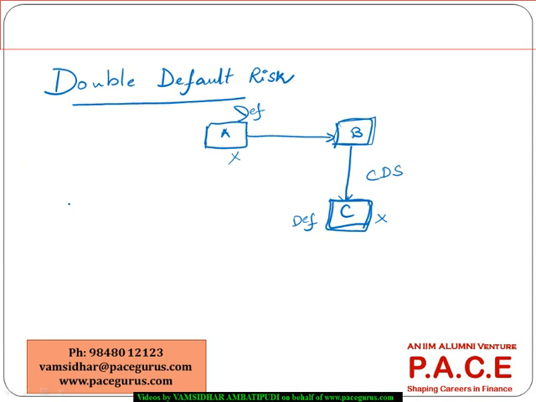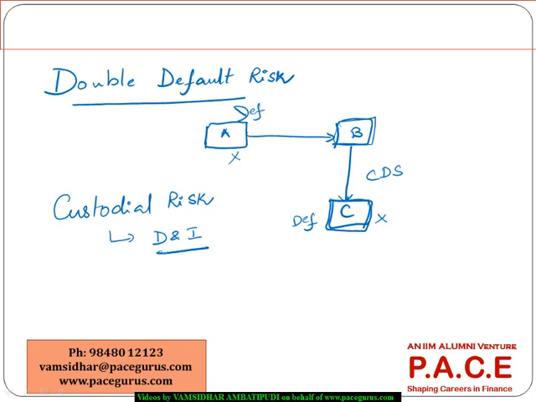Apart from that, we should also look out for custodial risk, especially when there is a custodian involved and the default is happening from the custodian, because the custodian's job is basically collecting all the cash flows, like the dividends and interest that are issued by the issuers.